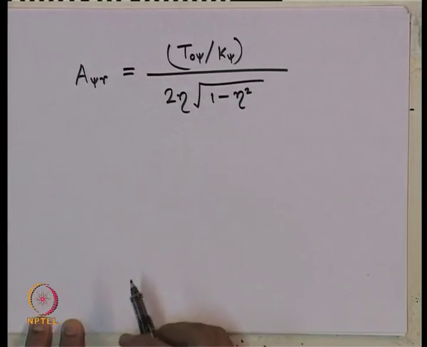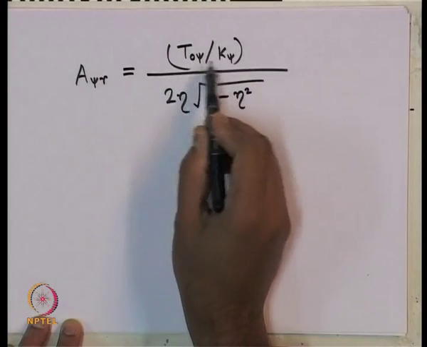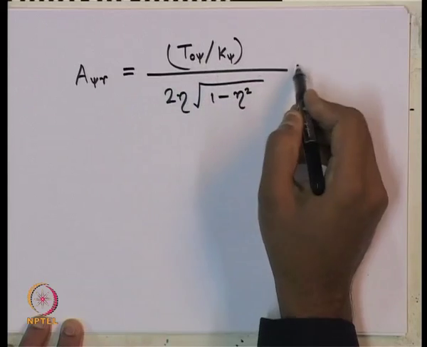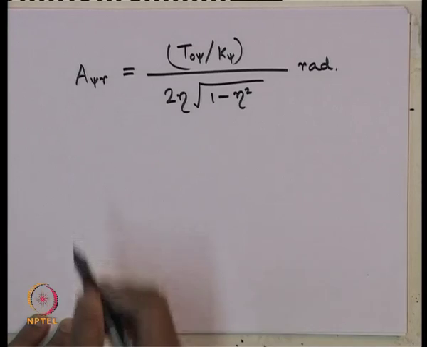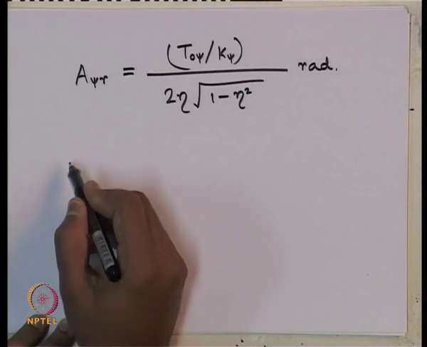That is the expression from DMF we got. Again, it will be guided by this unit, which will give us radian. Fine.